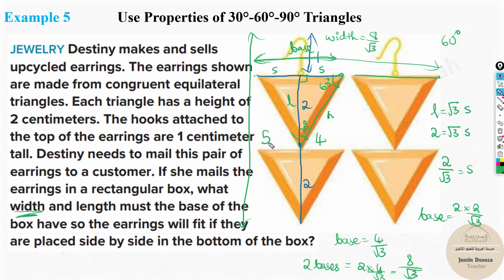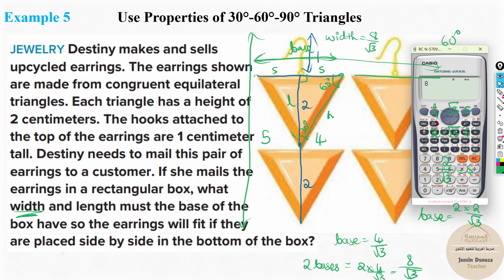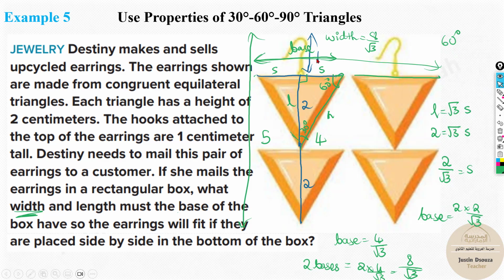So the answer is basically 8 by root 3 and 5, because they are putting it in an envelope that must be at least 5 centimeters of length and a width of 8 by root 3. I'll just put 8 by root 3 in the calculator, it corresponds to 4.61. Okay, so the width must be at least 4.61 and the other dimension must be 5.